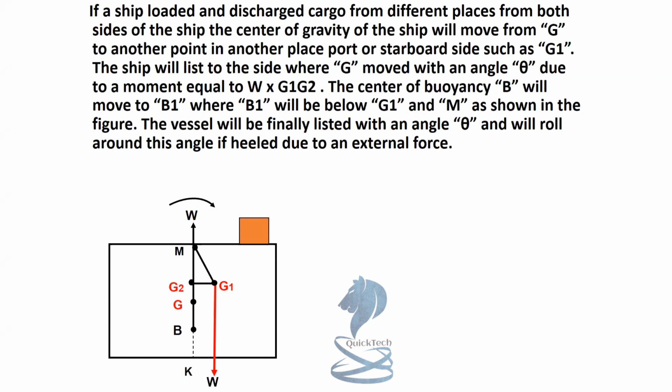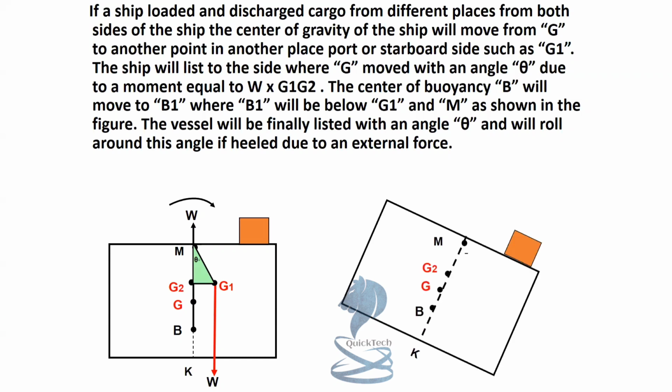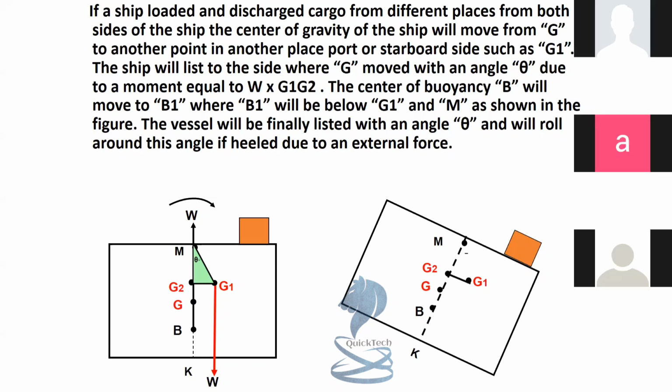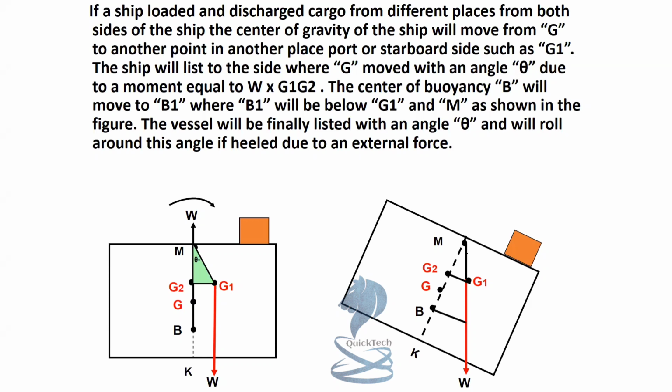The vessel will finally be listed with an angle theta and will roll around this angle if heeled due to an external force. Now the figure ahead shows the actual condition in which the vessel will be when listed, that is the W acting directly below the metacenter from the point G1, and B1 directly below G1, creating an angle theta.